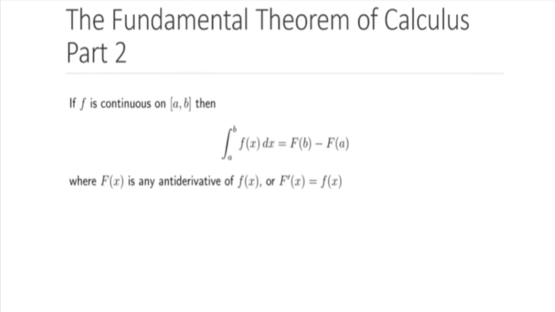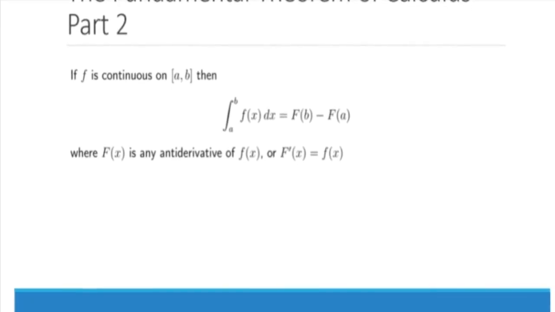FTC part 2: if we have a continuous function f on a closed interval AB, then the definite integral from a to b of f of x dx is equal to capital F of b minus capital F of a, where capital F of x is any antiderivative of f of x, meaning capital F prime of x is equal to f of x.